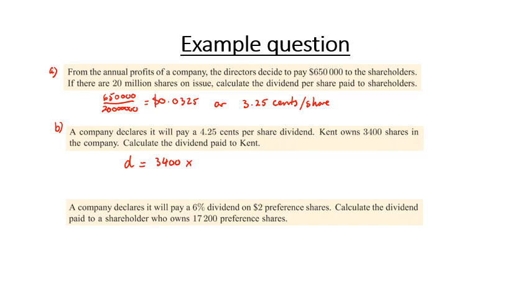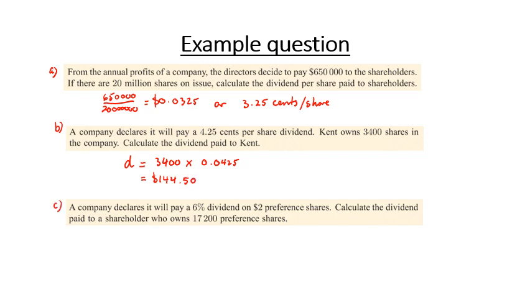But this is in cents. I want to convert it into dollars because I want to know how many dollars he's got, so I just divide it by 100. And that's going to give him a total of $144.50 that he'll get.